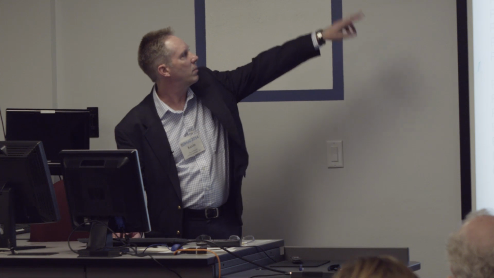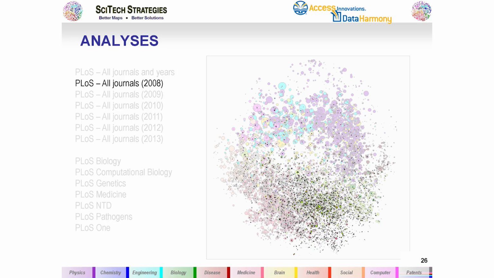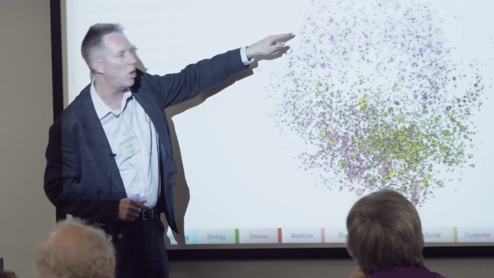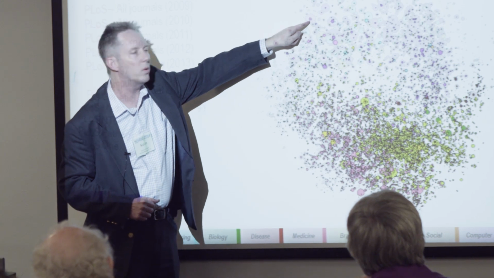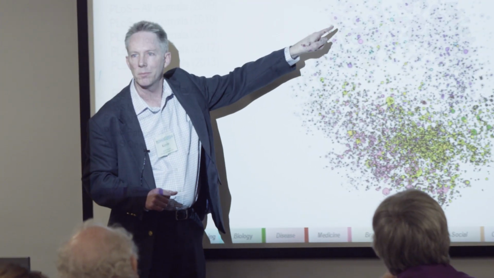Okay, so you've already seen some of this as well. We can do the time histories, similar to what Helen showed earlier. But if we take PLoS, all journals and all years, this is what the distribution looks like. So, for instance, you can see that compared to science as a whole in Scopus, PLoS is only getting that much in terms of papers loading on that term.